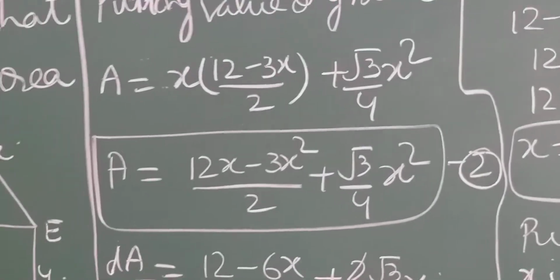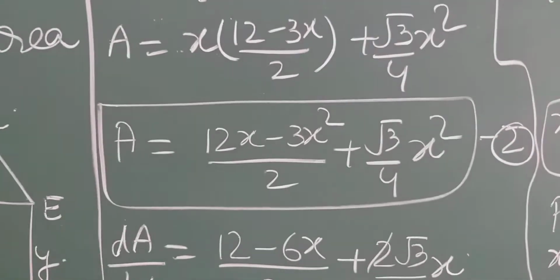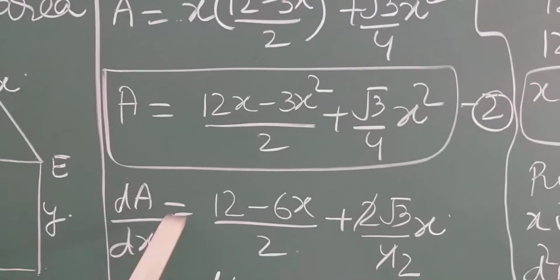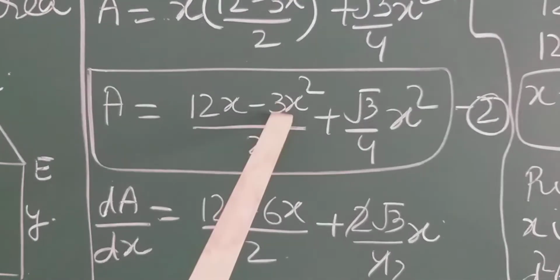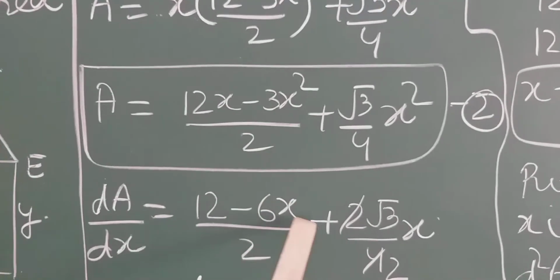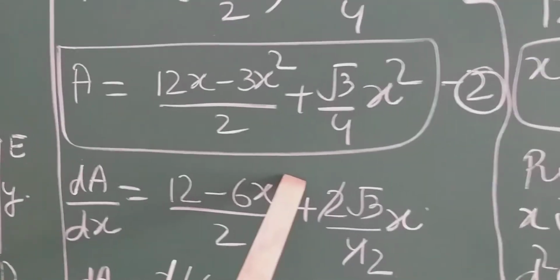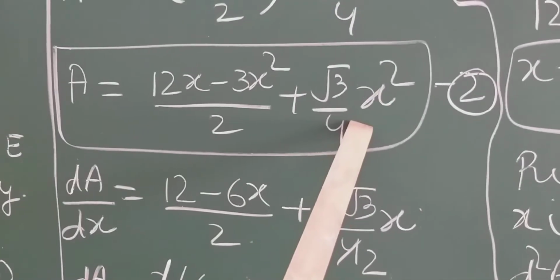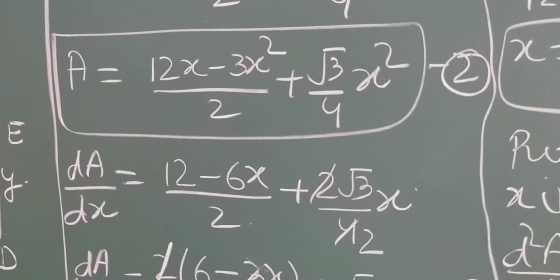Now to find out the point of maxima or minima, we have to differentiate it with respect to x. So dA upon dx equals to 12x derivative is 12, 3x square derivative is 6x upon 2, plus x square derivative is 2x, so root 3 upon 4 into 2x.